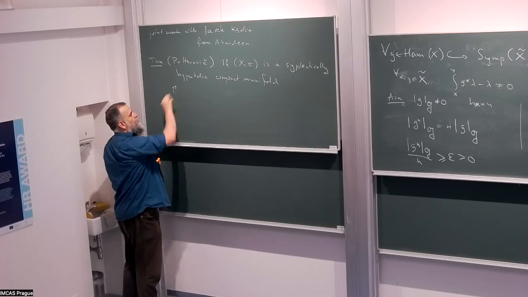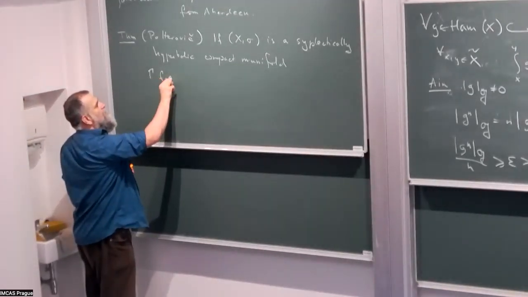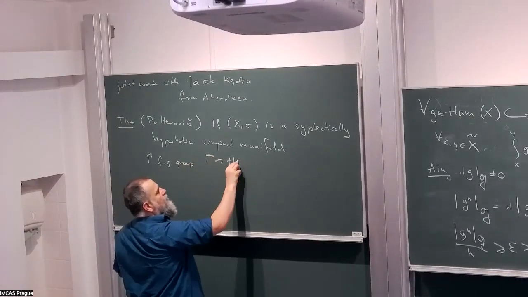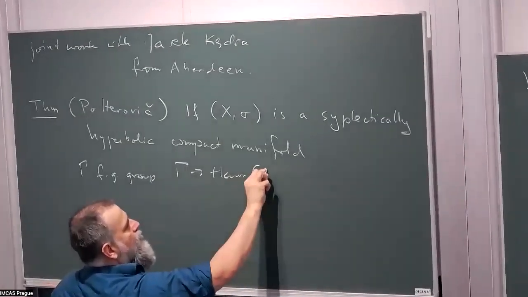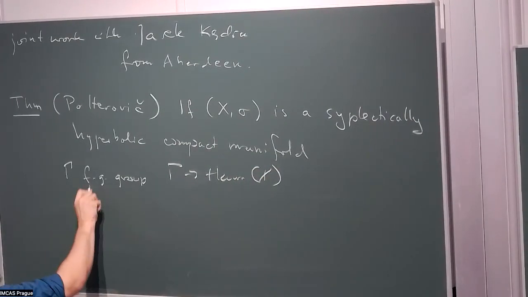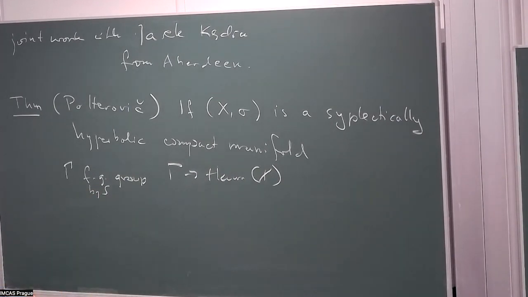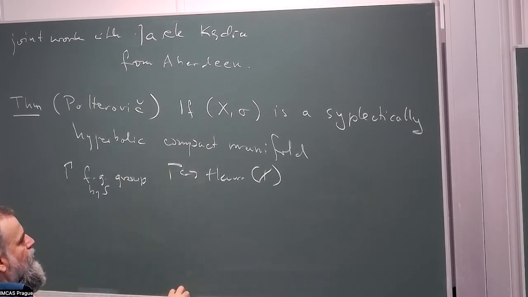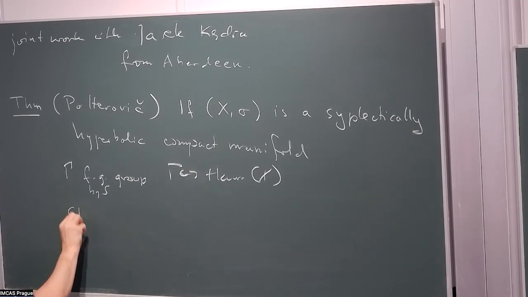He considered a finitely generated group, and then mapped it into the Hamiltonian diffeomorphisms of x, generated by, say, a set x, say, a faithful embedding.